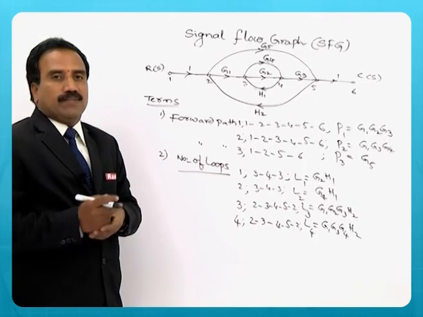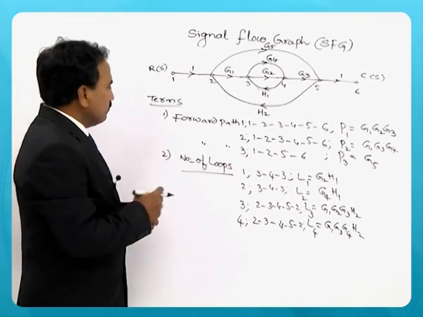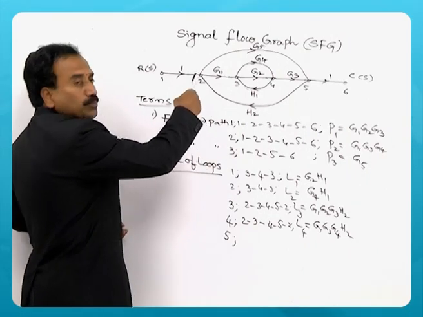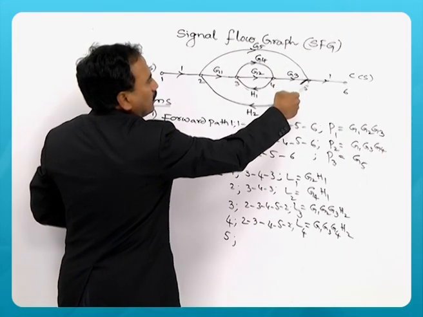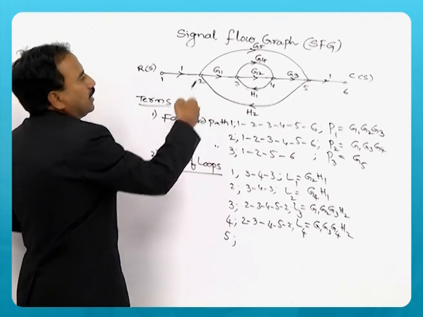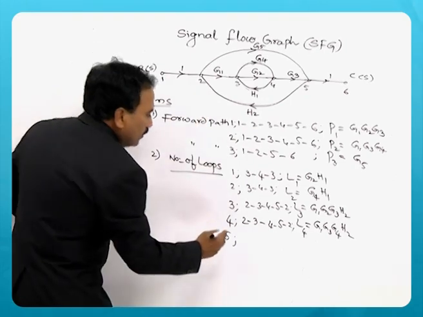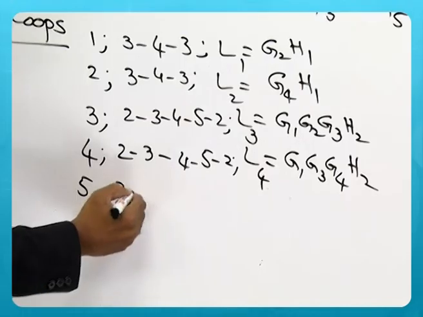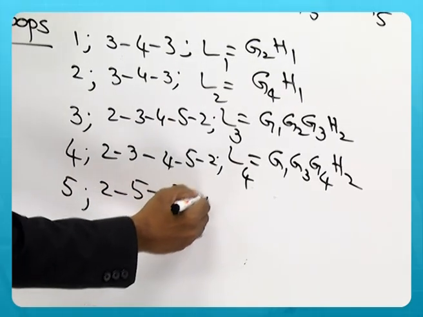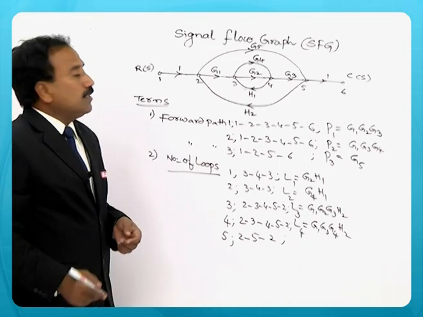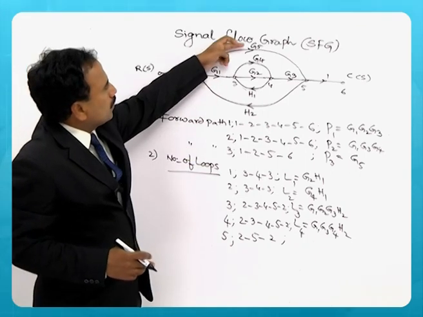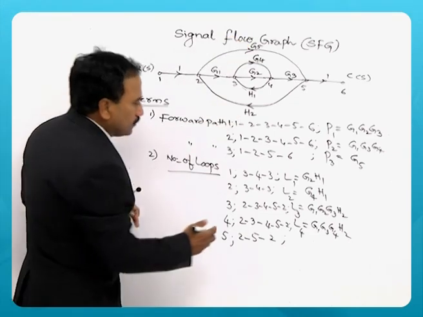You can still identify another loop in this system. Loop 5 is, it starts from 2 via G5 and it goes via H2 like this. So the path is 2, 5 and 2. 2, 5, 2 is another loop that is identified here, and whose gain is product of G5 and H2.